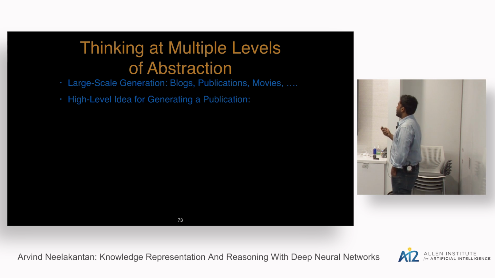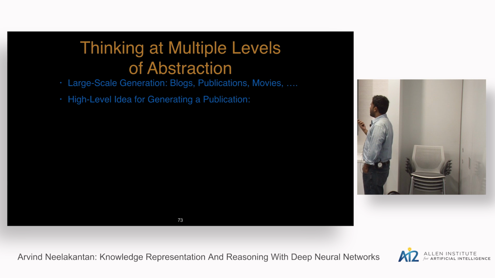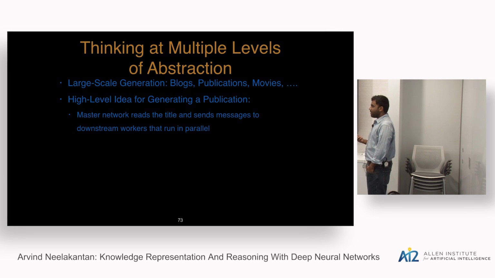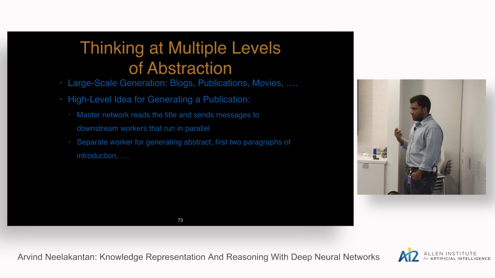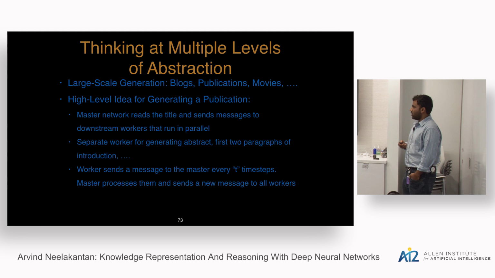Let's say you want to generate a publication. The generative model could be something like a master network that reads the title and sends a message to downstream workers that are running in parallel. There's a separate worker for generating an abstract, another worker for generating the first 2 paragraphs of an introduction, and so on.